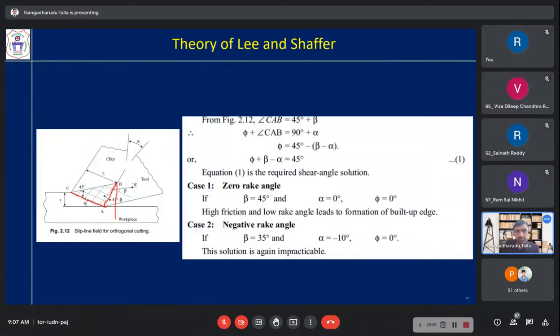This angle is equal to 45 degrees plus beta. How has it become 45 degrees plus beta?